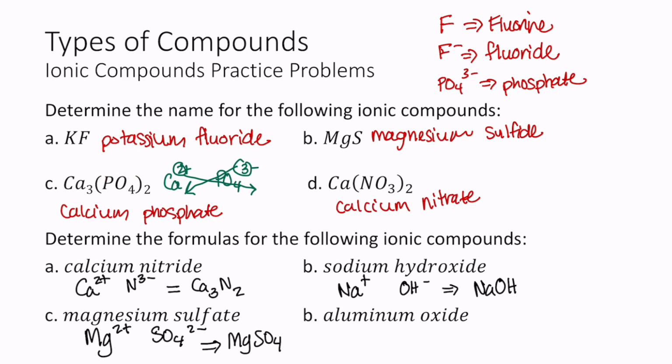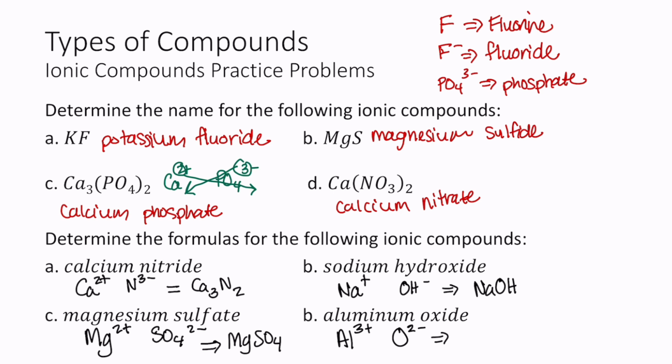All right, let's look at our last example. We have aluminum, Al. Aluminum is in group 3, so I have a 3 plus charge. And then we have oxide. Oxide is oxygen, and it has a 2 minus charge. It is in group 6. So if I use the cross method here, notice the charges are not equal.